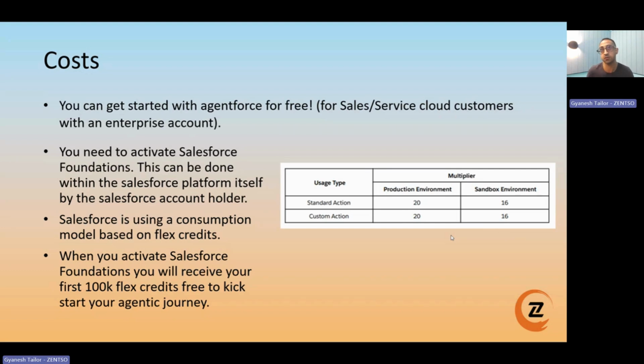On the other hand, if you've scaled it and you have loads of actions and loads of staff and portal members using it, then you might want to look at all of that data and figure out what pricing model suits you, because it could well be that the conversation pricing might actually work out cheaper for you.